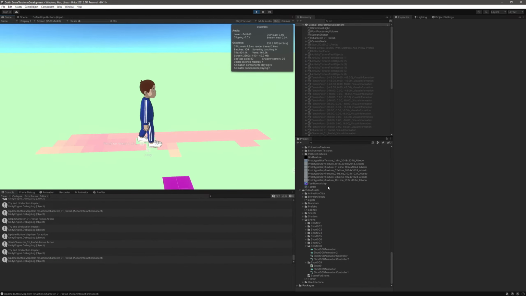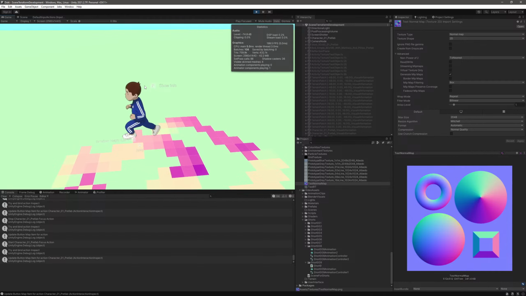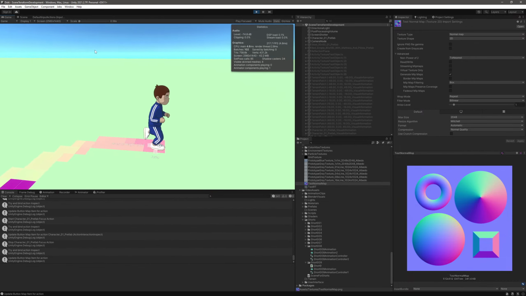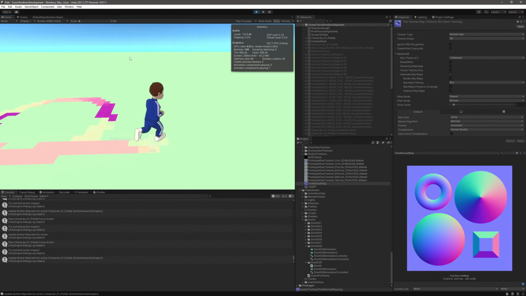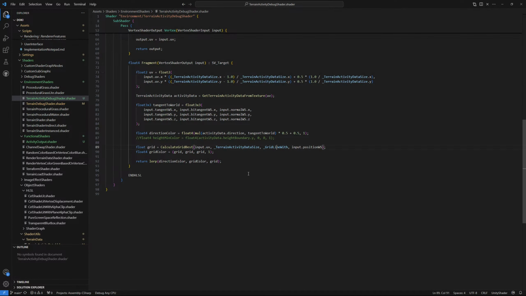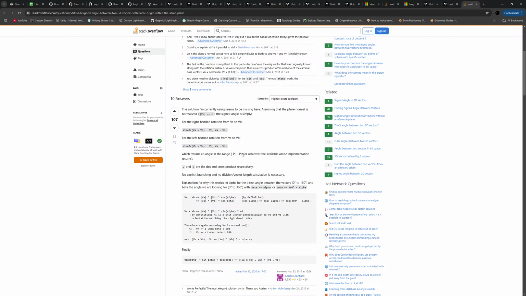Pink, pink, what the fuck? Signed angle, we should be getting between minus pi and pi.